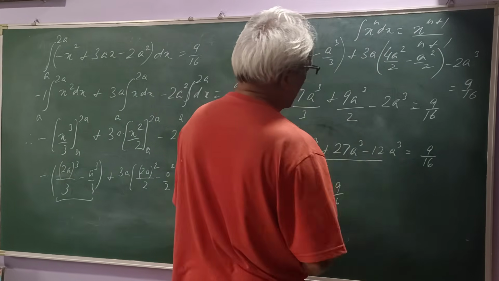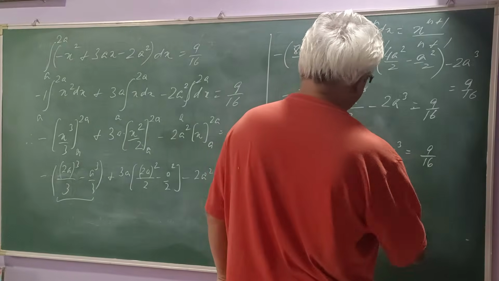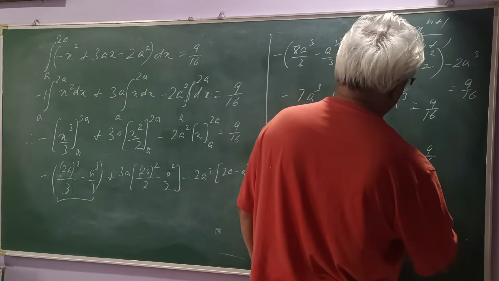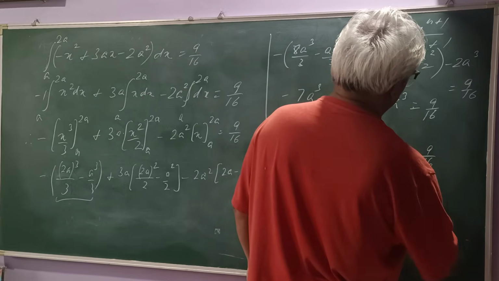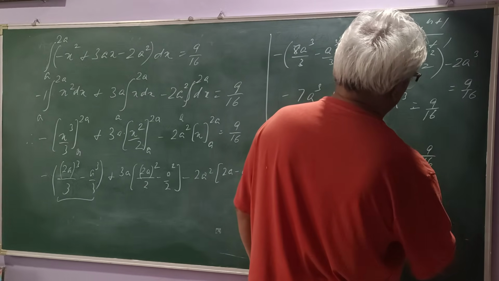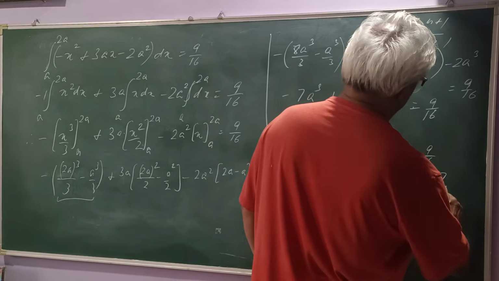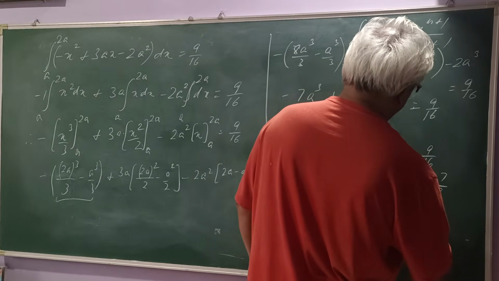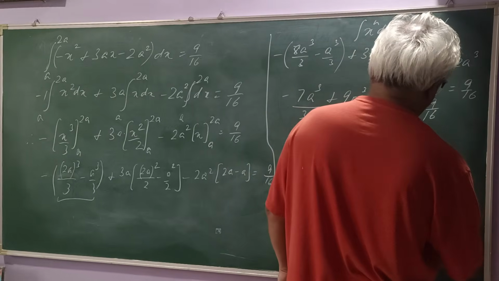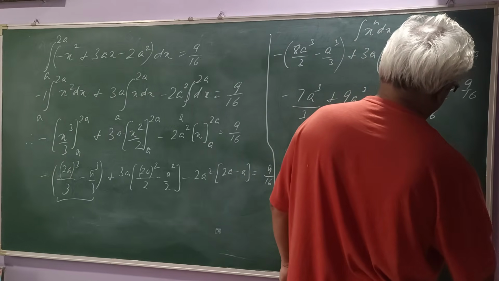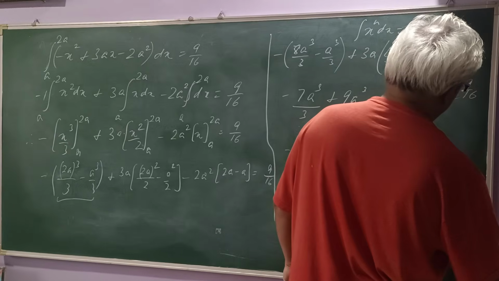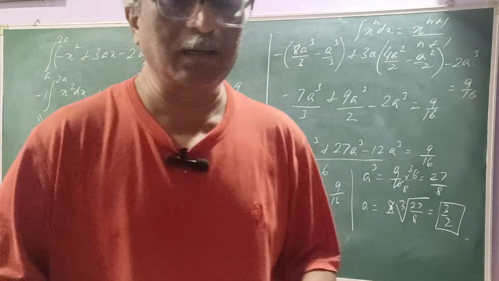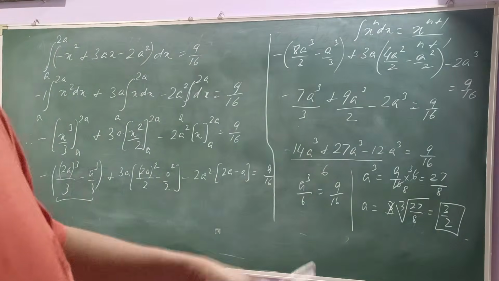This means a cube equals 9 over 16 into 6, which is 27 over 8. So a is the cube root of 27 over 8, which is 3 over 2. So my answer is a is 3 over 2. Alright? I will end this part now and then we will continue.